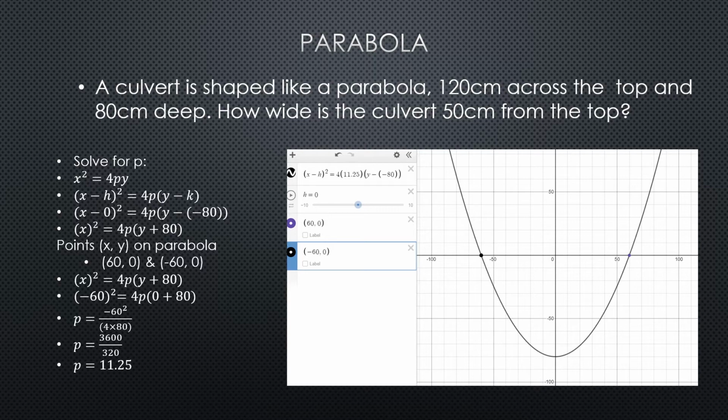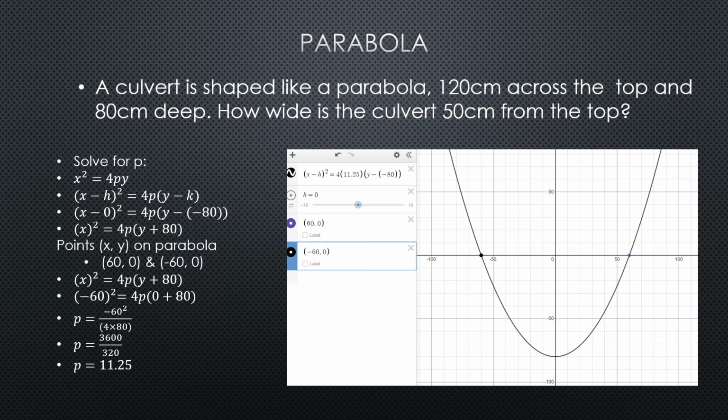So I'm going to put the negative 60 in for the x and the y equal to 0 into my formula, and now I can solve for p. Because that negative 60 is getting squared, it didn't matter whether it was the 60, 0 or the minus 60, 0, because the square converts that back to the positive number. And you can see that we end up with a p equal to 11.25.